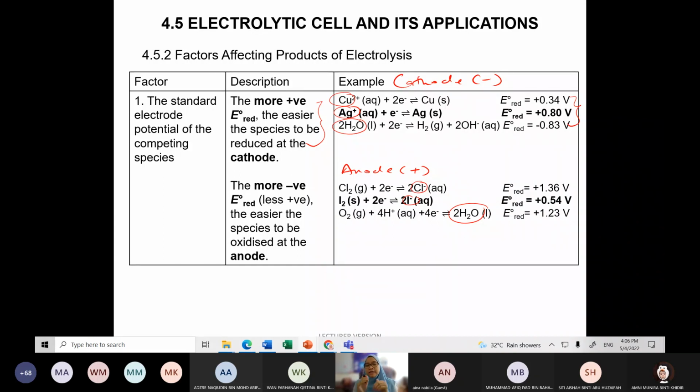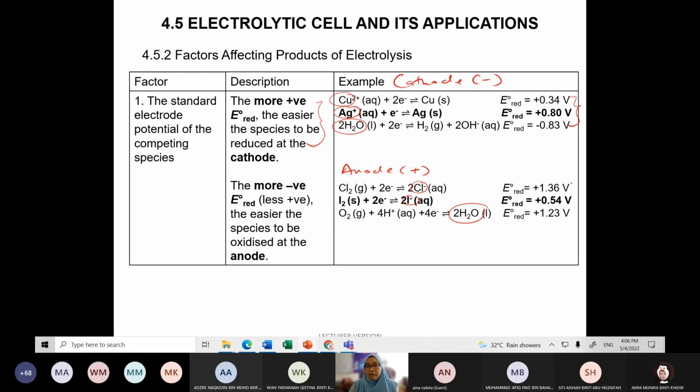But they still will be attracted to the anode and also the cathode, because the water molecule itself has a tendency to be attracted to both positive and negative. Remember, water is a polar molecule, so it will be attracted to both anode and cathode.